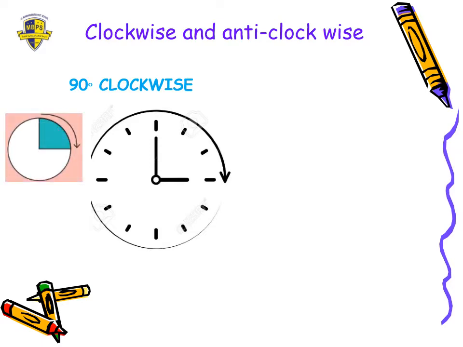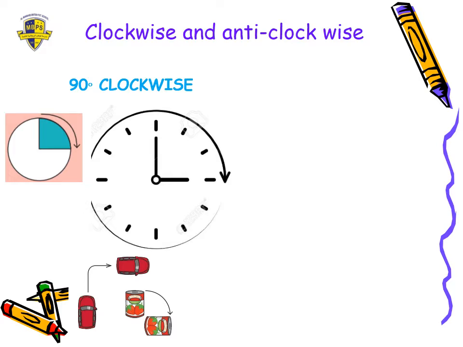This is 90 degree clockwise. Okay, so 90 degree, you remember, is the right angle, it's like an L shape. And here also, if we rotate these shapes by 90 degrees, we have to move them like an L.